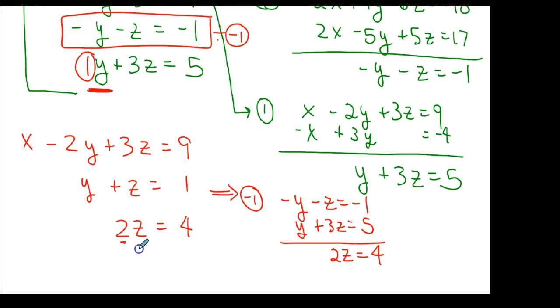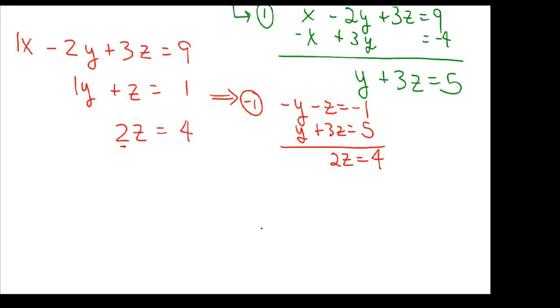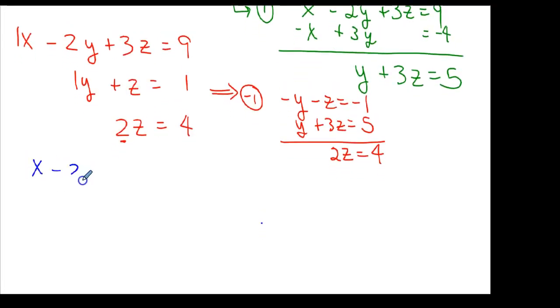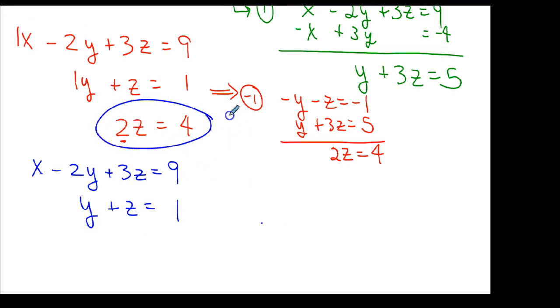I want this coefficient to be a 1. I've got the 1 on the x, I've got the 1 on the y, so my first and second rows are complete. I have x minus 2y plus 3z is equal to 9, y plus z is equal to 1, and now I need to divide by 2 to make this 2 a 1.